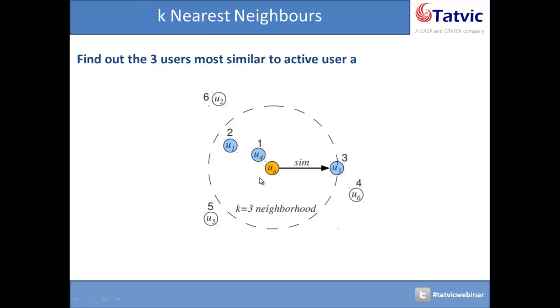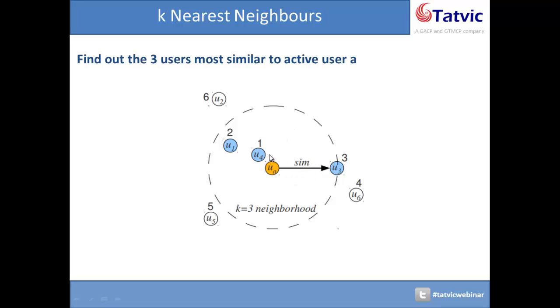Once the similarity is calculated between every pair of users, we need to identify the nearest neighbors of the active user. Let's say we have calculated the similarity, but we are interested in identifying the most similar users. So we can use the nearest neighbor approach in order to identify the most similar users.